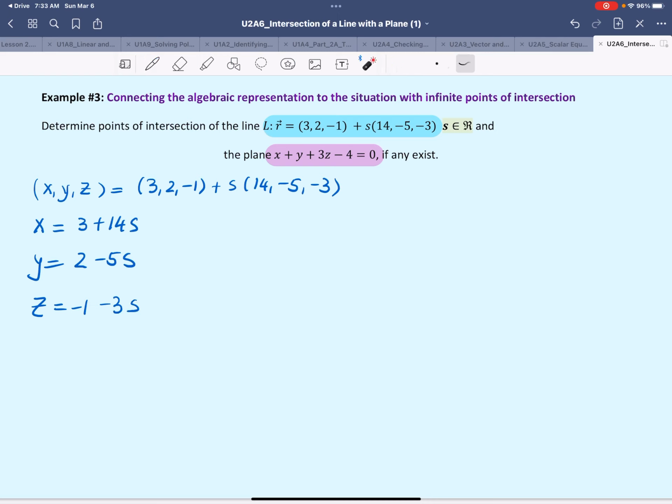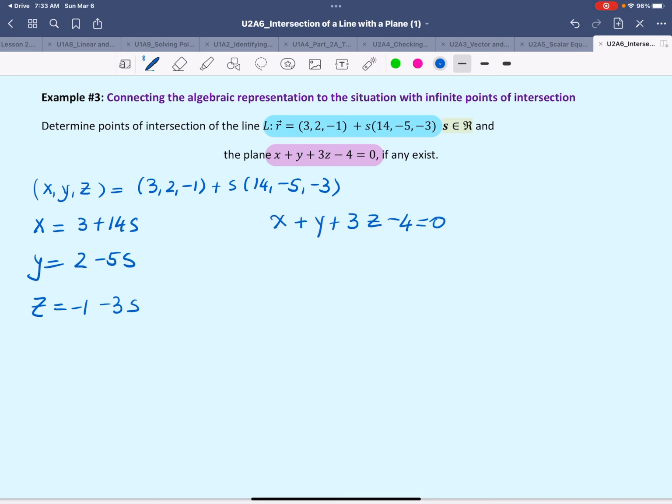With these 3 coordinates, we are going to move on to the equation of the plane x plus y plus 3z minus 4 equals 0. Substitute the respective x, y, and z values into the equation.